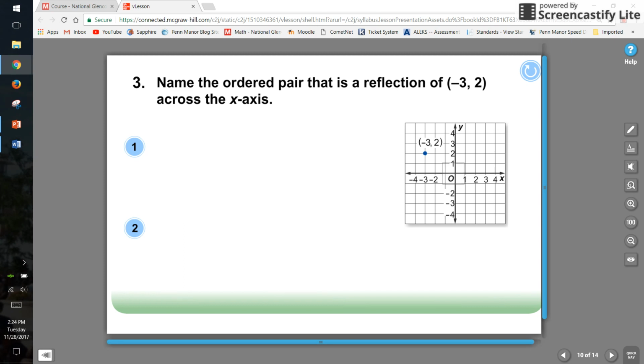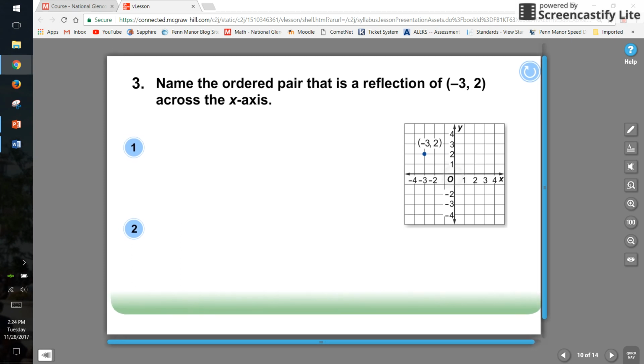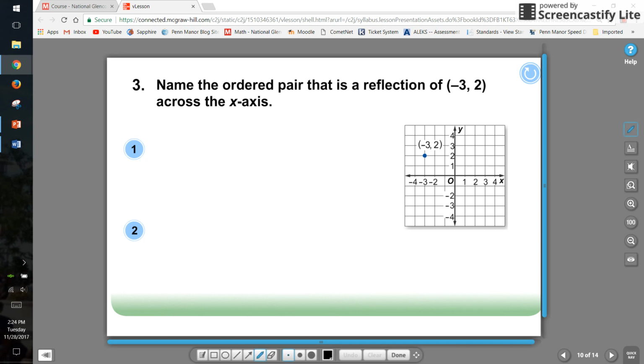We start right here at the origin. 1, 2, 3. I went -3 and then +2, and I arrived at that point on the coordinate plane. Question: what quadrant is that in? If you guessed quadrant number 2, you're absolutely right.